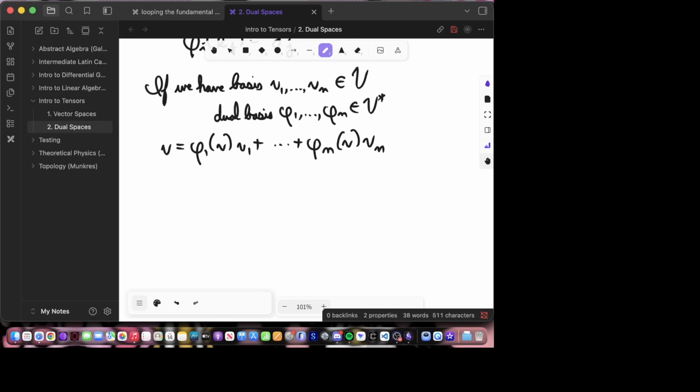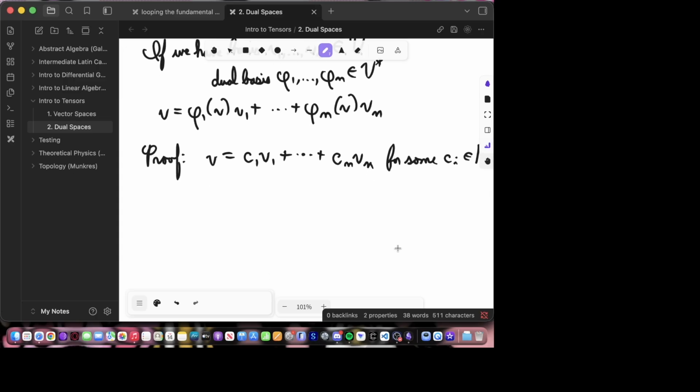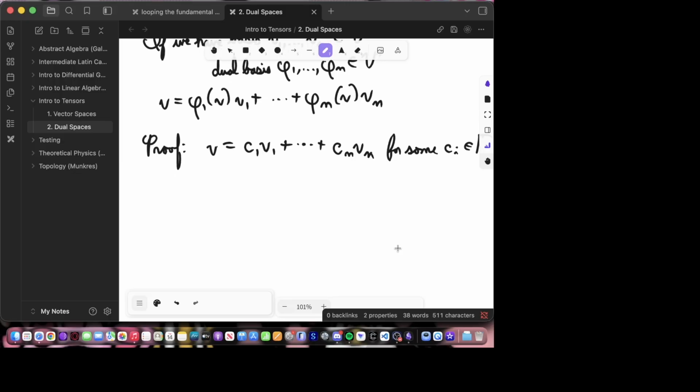So let's prove this. We know that v is equal to c1 v1 plus dot dot dot plus cn vn for some scalars, because any vector in that vector space can be expressed as a linear combination of the basis.